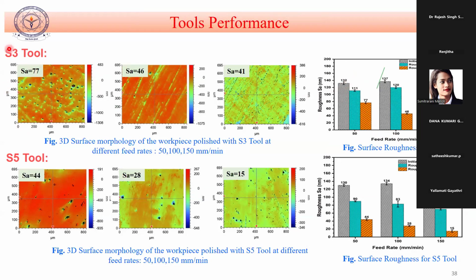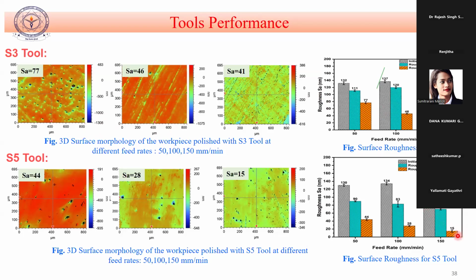This is for the S3 concentration tool, which we finished at 3 different feeds, 50, 100, and 150 mm per minute. Here for the S3 tool, we see that the least roughness we obtained is around 41 nanometer.